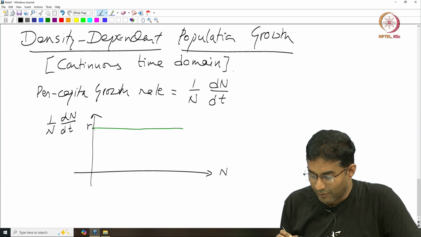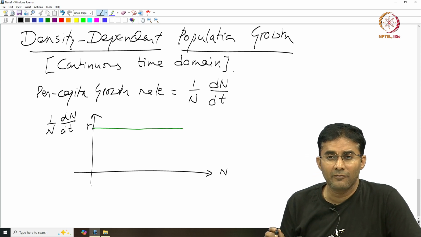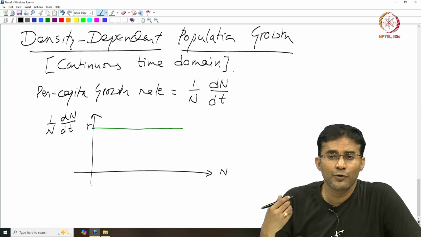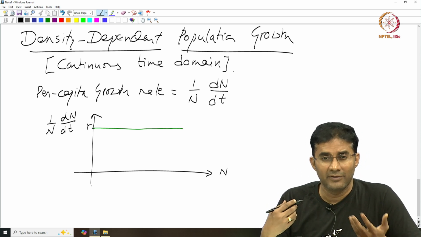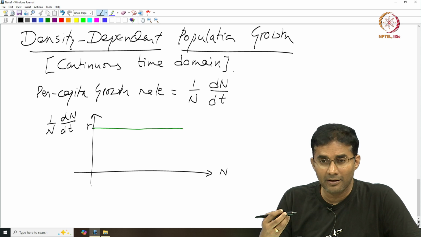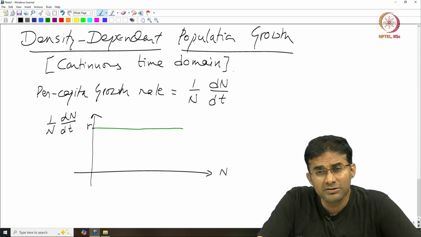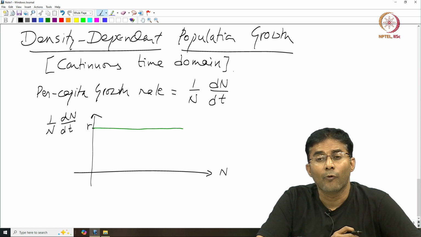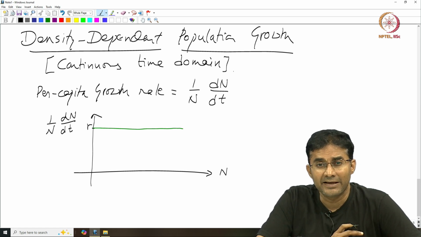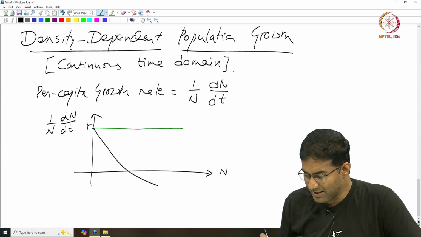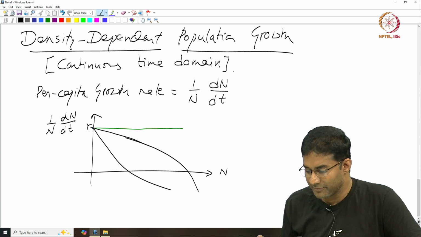Now, naturally we expect that when the number of individuals in a population increases, the amount of resources available for an individual will decline. And a reasonable starting point is to assume that as a consequence the per capita growth rate reduces with population size N. So, per capita growth rate can reduce with population size in many different functional forms, right.